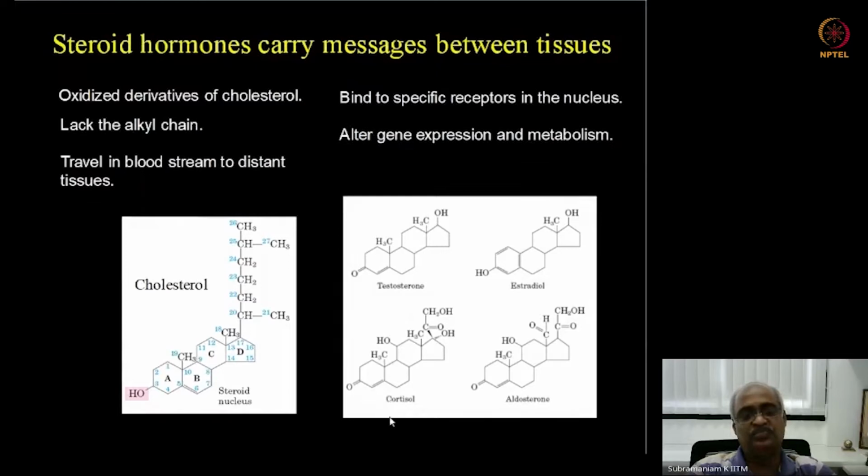It promotes glucose formation from non-carbohydrate molecules, a process called gluconeogenesis that we will learn later. So this is important for maintaining glucose level, and it is also required for many other metabolic regulations, as well as, for example, regulating immune response.